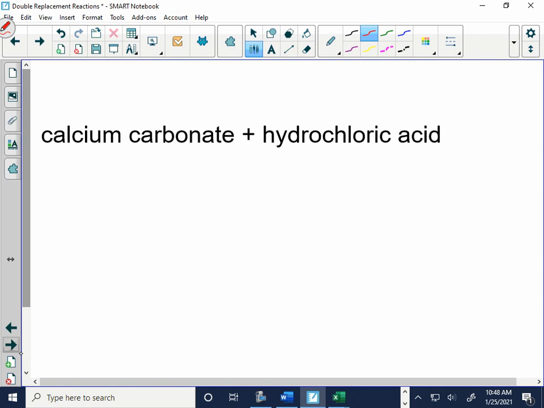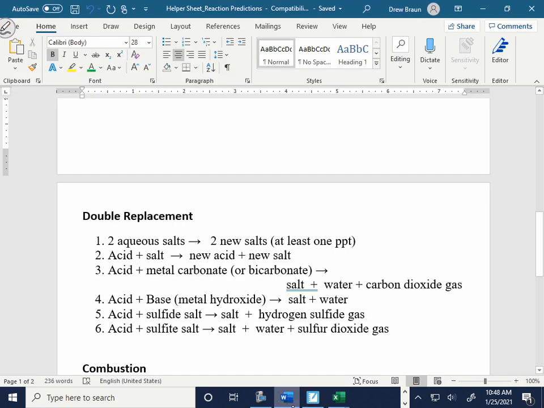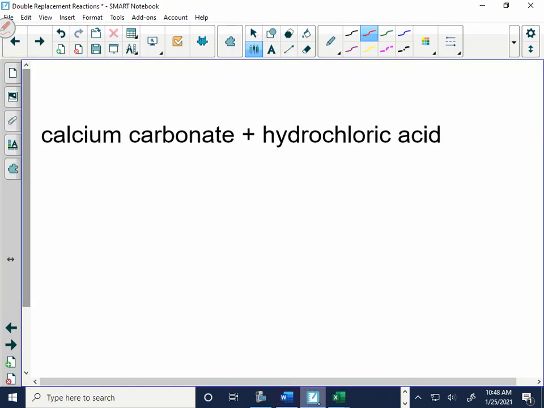I have calcium carbonate and hydrochloric acid. Well, ladies and gentlemen, I now have my first acid I'm dealing with, correct? So I have to say whether it's a number 2, a DR 2, 3, 4, 5, or 6. So what am I dealing with?